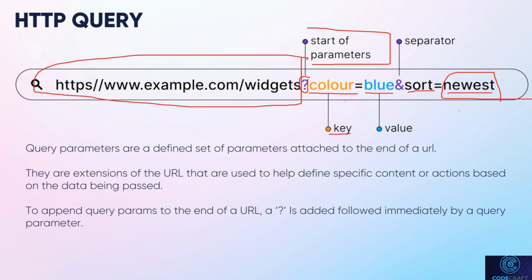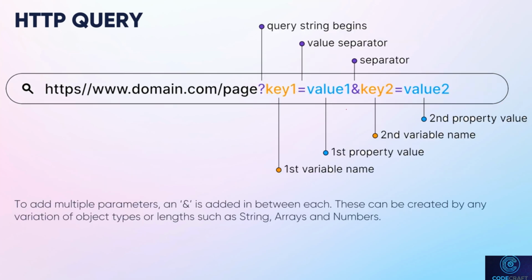Each parameter adds a specific instruction or criteria for the server to follow when processing the request. You can see another example here. The general formula is key1 equals value1, ampersand, key2 equals value2. This is the separator between the parameters, and this is the start where the query string begins.